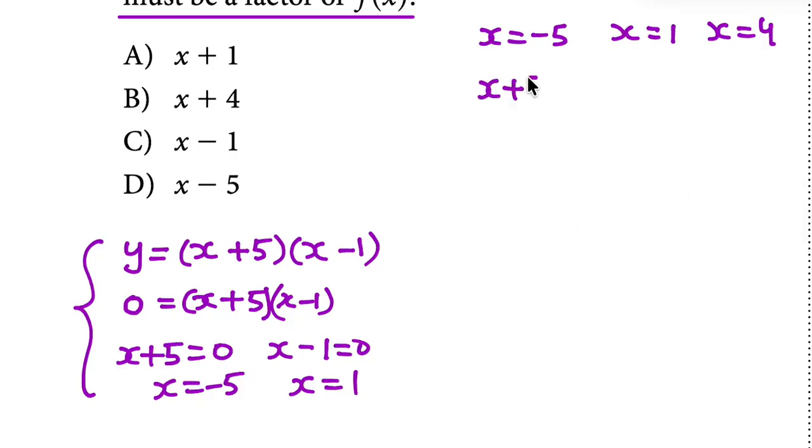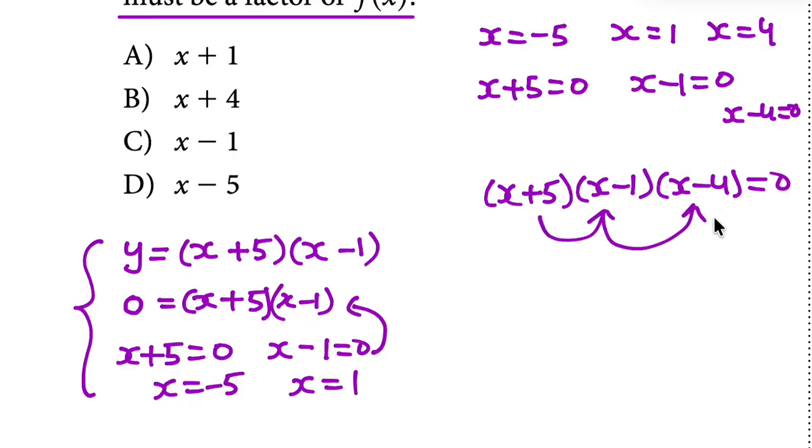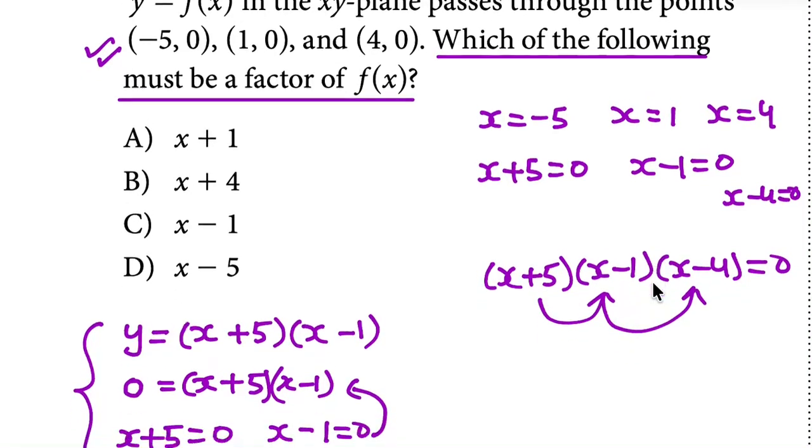So x + 5 = 0, x - 1 = 0 and x - 4 = 0. So (x + 5), (x - 1) and (x - 4) are the three factors of this polynomial. This is the information we are getting from this question.